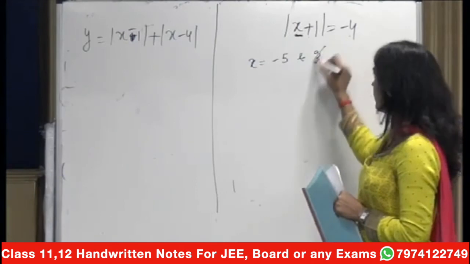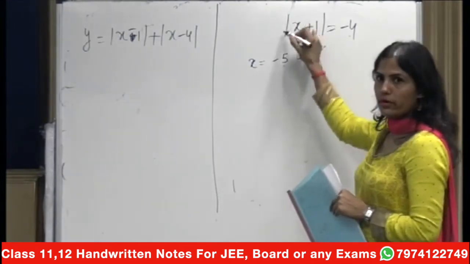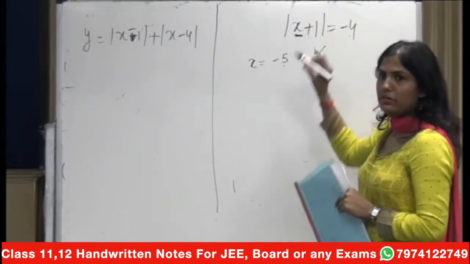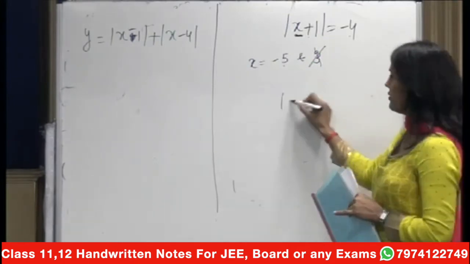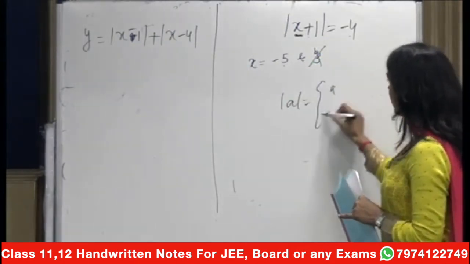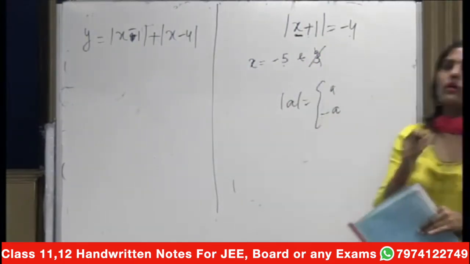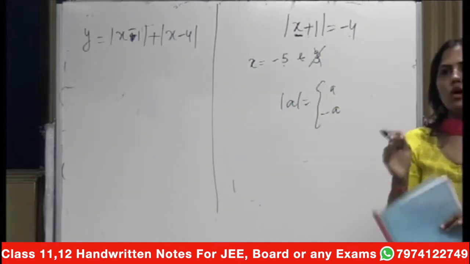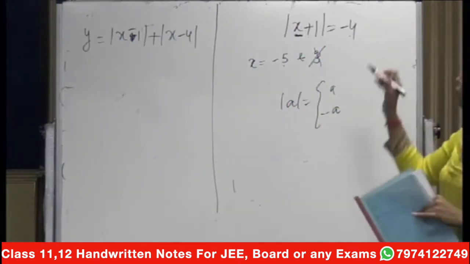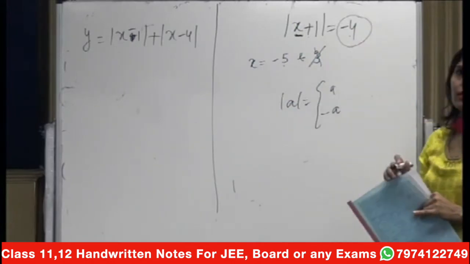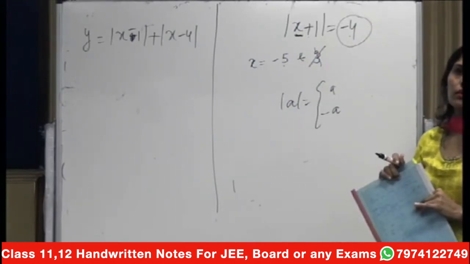So this I am cancelling. Minus 4 you put up. I am telling you, since the beginning I am writing that the modulus of any number is always positive. So how can you say there will be a value?